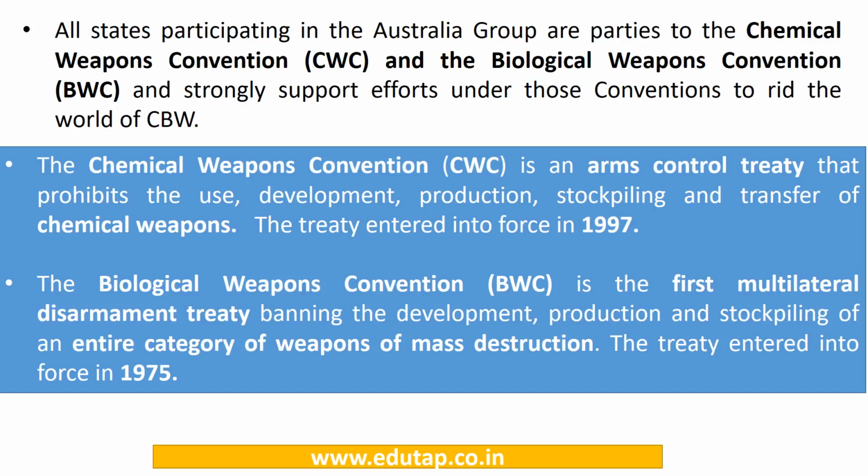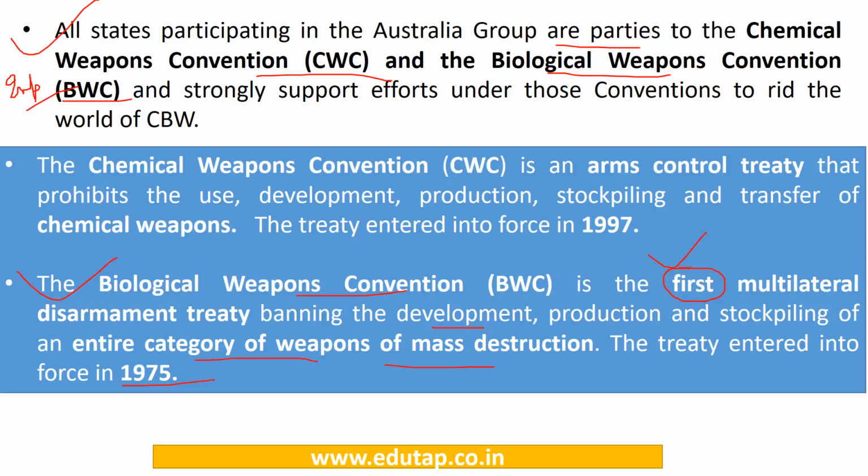All the member countries of Australia Group are parties to both Chemical and Biological Weapons Convention. Let's have a brief look over both of them. Biological Weapon Convention is the first multilateral disarmament treaty entered into force in 1975 with the aim of banning the entire category of weapons of mass destruction.